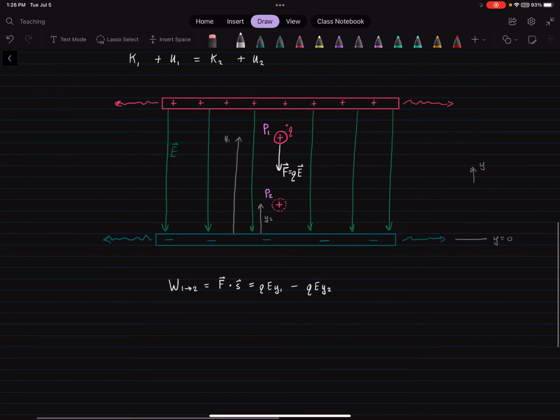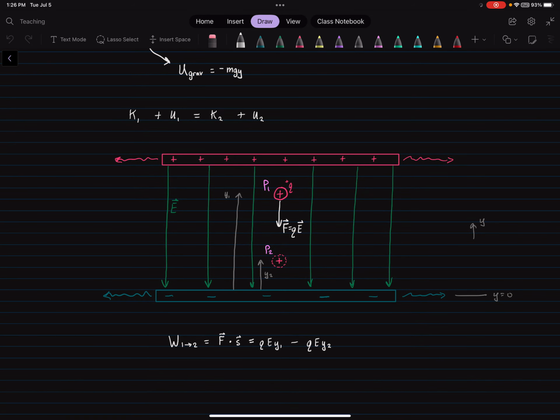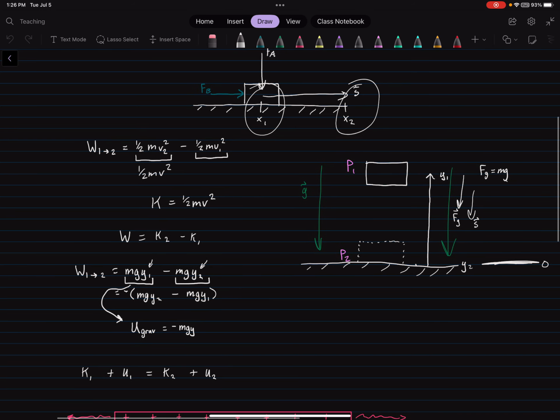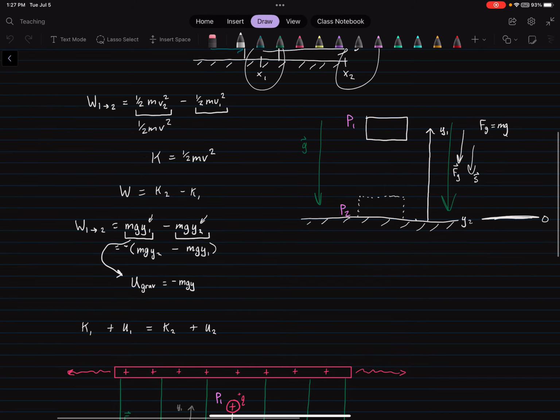Compare this situation in electrical form to the situation we just described up here with a box falling down. We identified the same points, same kind of displacement vectors. The only thing that's different is the type of field and the type of particle. One is falling down, a force is acting downwards on it through some displacement, because it has mass and it's in a gravitational field.